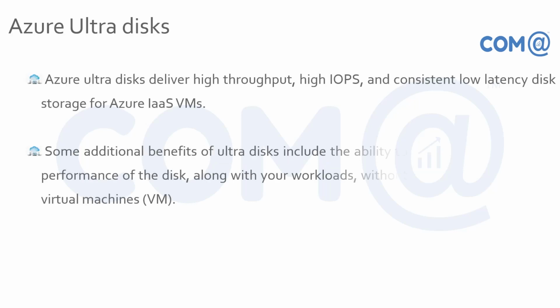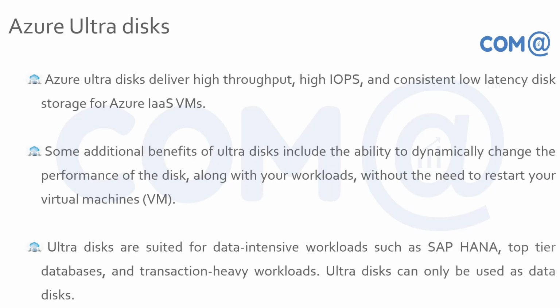Azure Ultra disk delivers high throughput, high IOPS, and consistent low latency disk storage for Azure IaaS VMs. Some additional benefits of Ultra disk include the ability to dynamically change the performance of the disk along with your workloads without the need of restarting your virtual machines.